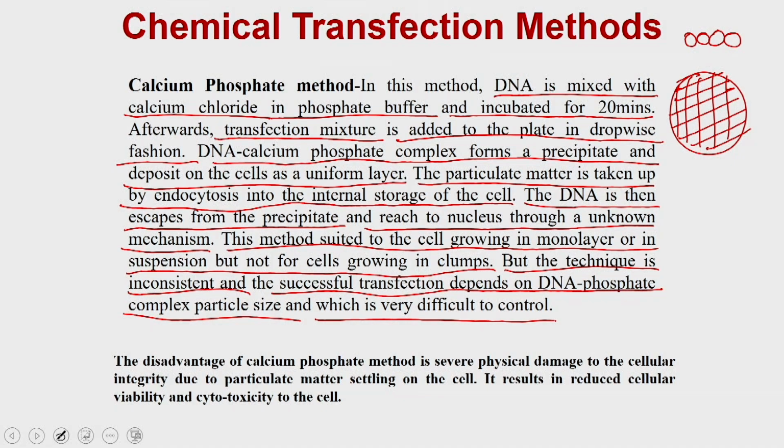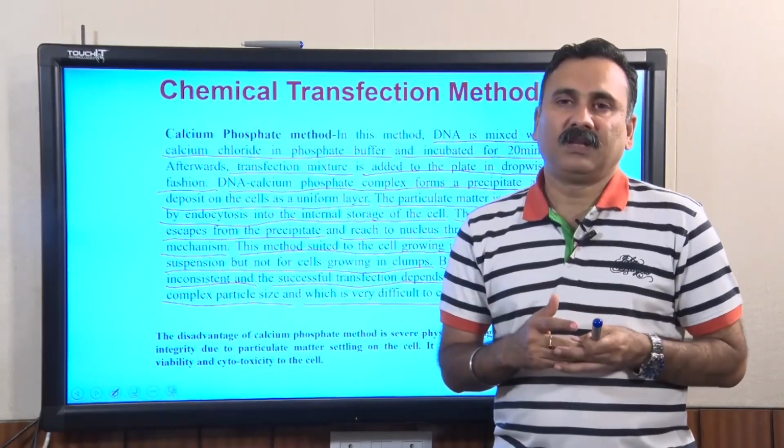One of the major drawbacks of this technique is that it is only suitable for cells which are adherent, forming a monolayer, or in suspension. So, if you are working with cancer cells and they are making multilayers, because you know that cancer cells stick to each other and form foci and that kind of multi-layered cells, then the calcium phosphate method is not very suitable, or it may not give you optimal transfections. The same is true for suspension cells also.